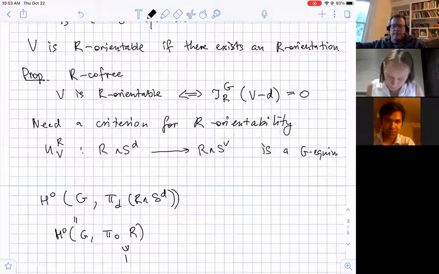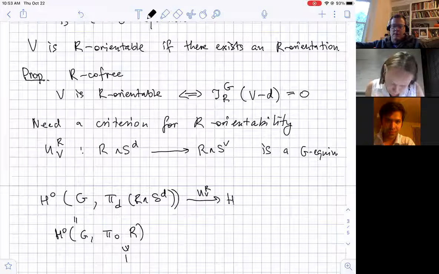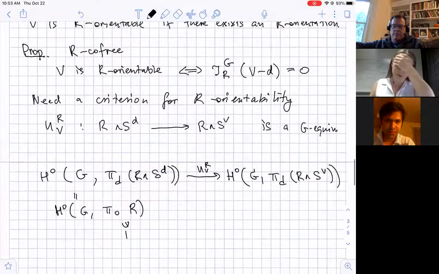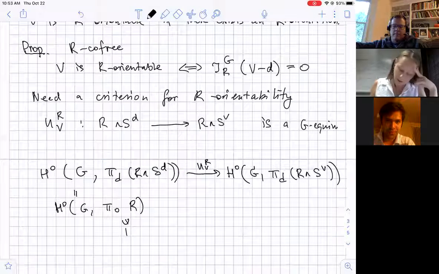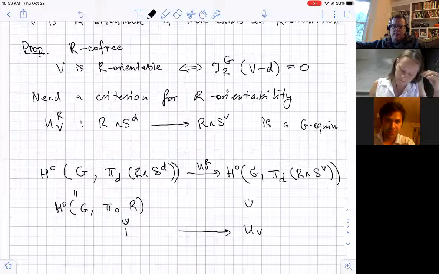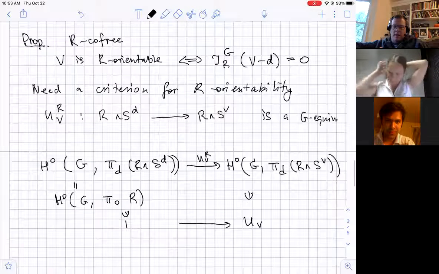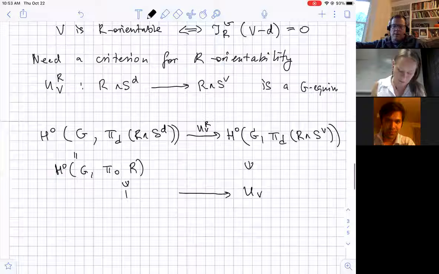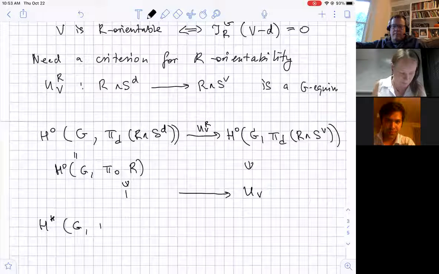Great. Now, this UVR gives me a map into here, and 1 maps to something here, which we will call UV. That group on the right is also part of a homotopy fixed point spectral sequence. So I'm going to write down both homotopy fixed point spectral sequences now.